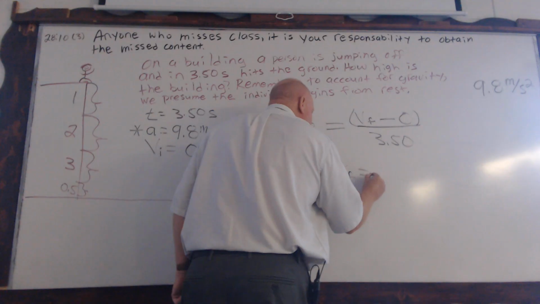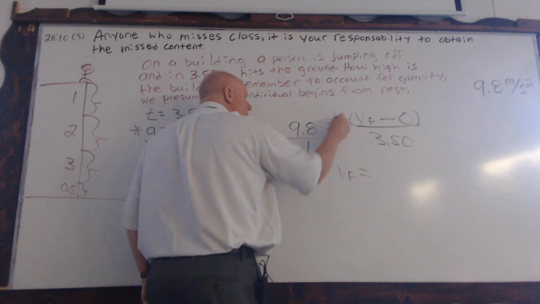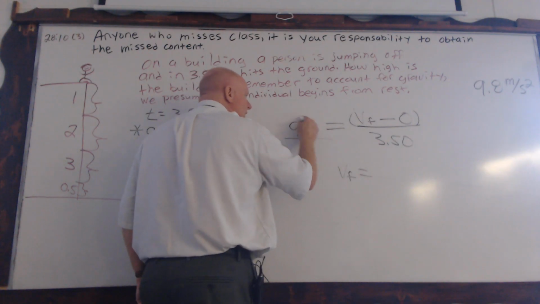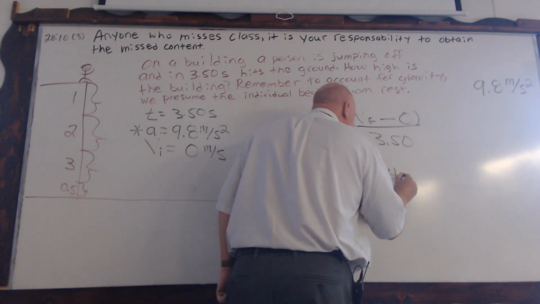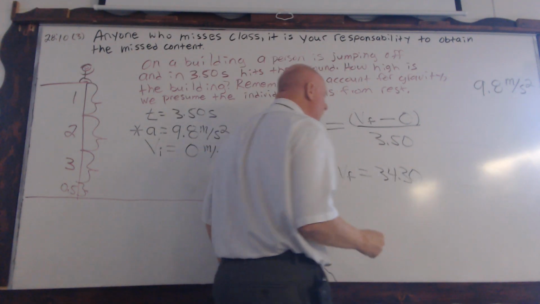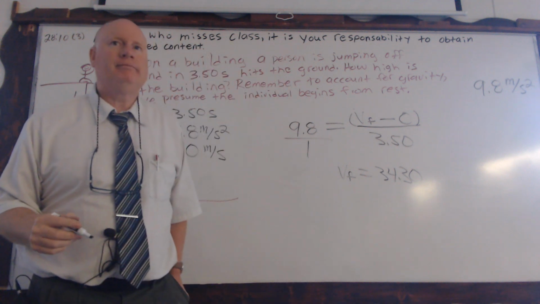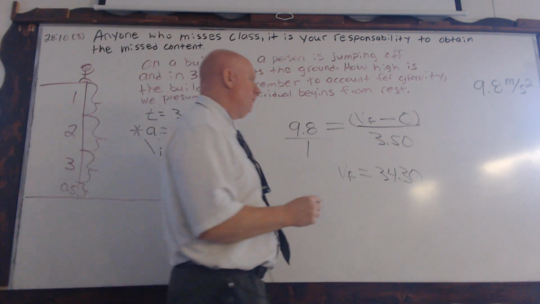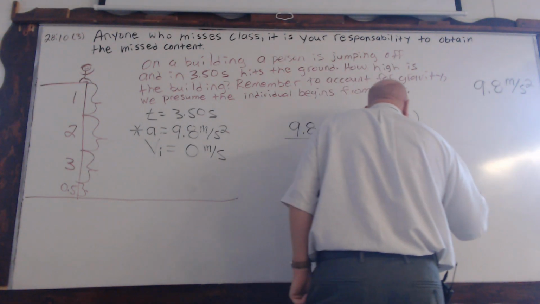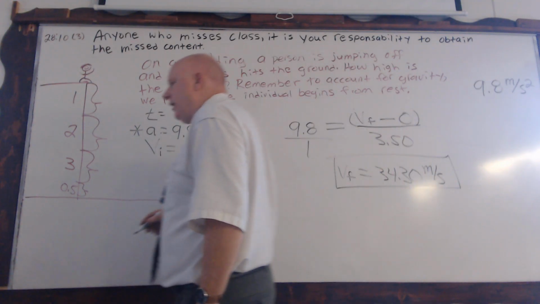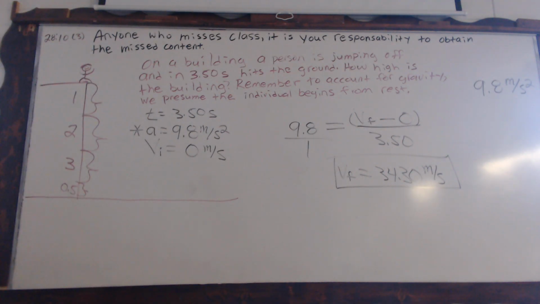So that must equal whatever we get by multiplying. 34.3. And that's labeled in what? Meters per second. So that's only part of our answer. Because what is the question ultimately asking? How high is the building?